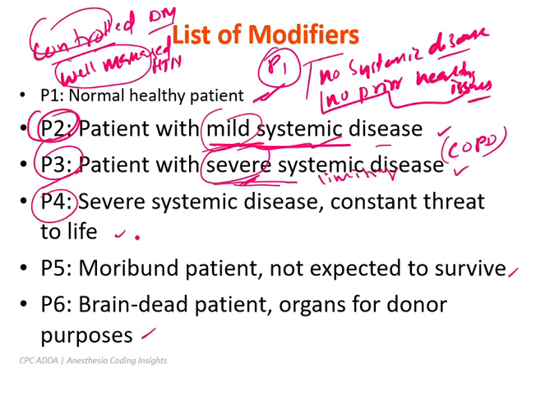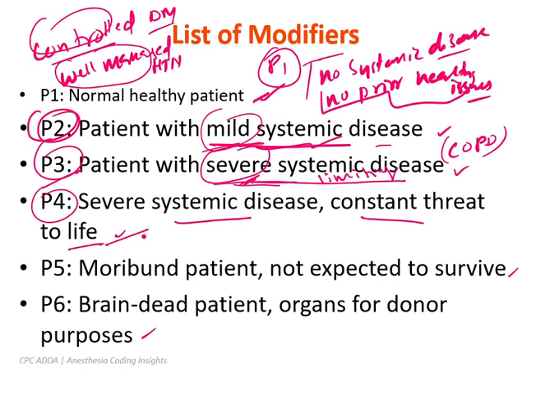And let's see P4. P4 is severe systemic disease, a constant threat to life. P3 is also severe systemic disease but with no threat to life, whereas P4 is severe systemic disease with a constant threat to life.